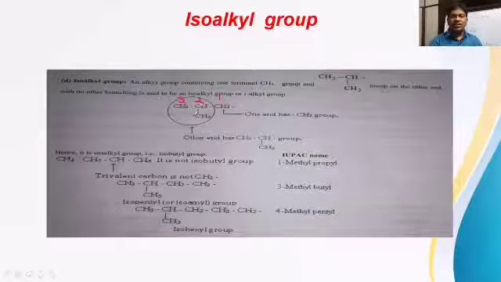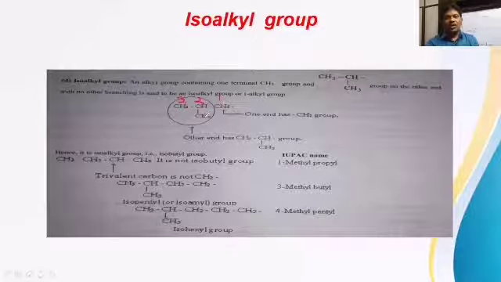In the previous session, we discussed the isopropyl group. The isopropyl group should be present at one end of the chain and the CH2 free bond at the other end. When this condition is fulfilled, that alkyl group can be called an isoalkyl group. In this case, CH3 is taken twice, the isopropyl group is there, and CH2 is there.